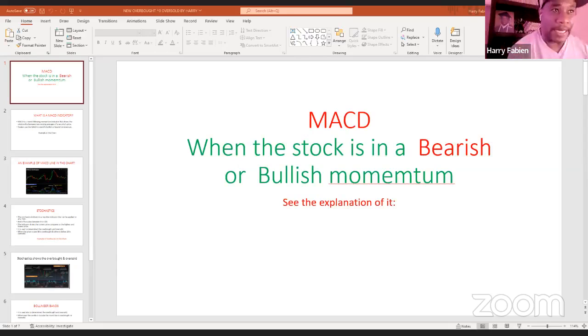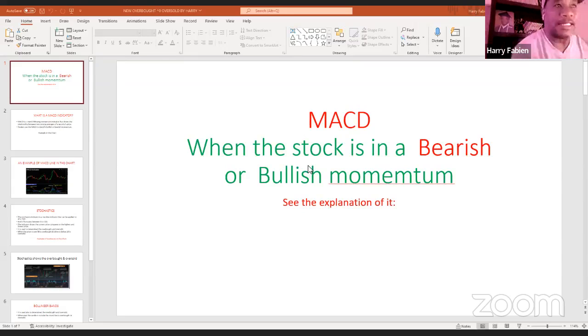Whenever you see the word bearish, it means down. On the other hand, whenever you see the word bullish, it means going up. That's why I put bullish in green and bearish in red. Momentum bearish means going down, and momentum bullish means going up.